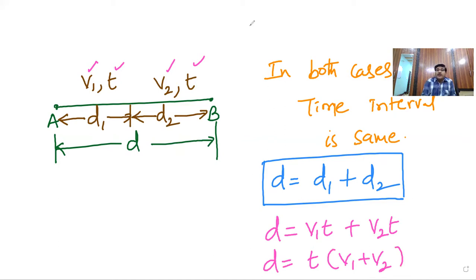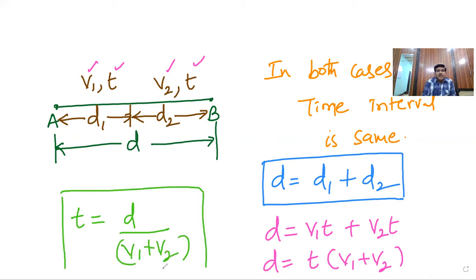Now, what is the unknown time T? T becomes D divided by V1 plus V2. Now we got time. Okay, now observe what is asked.